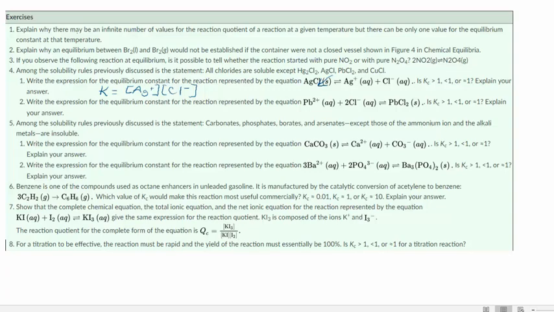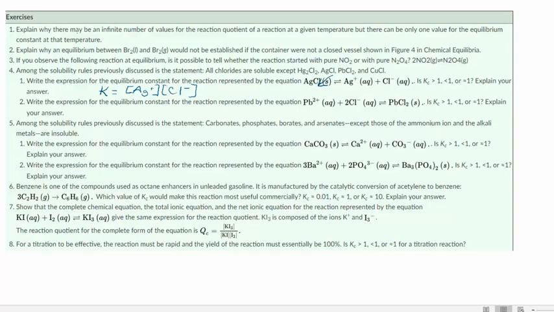Therefore, this value would be greater than 0, but we would assume it would be less than 1 because silver chloride is insoluble. Remember from Chem 1 that means that very few of these particles would actually separate from the solid.